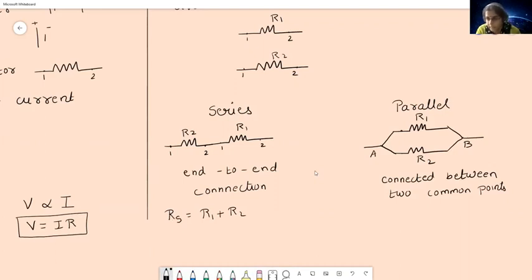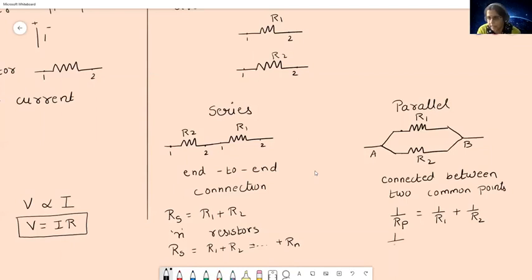But whereas in parallel, the total resistance is given by 1 by Rp equal to 1 by R1 plus 1 by R2. So P stands for parallel, and S stands for series. If I have n number of resistors, then the total resistance in series is R1 plus R2, and the addition goes on till Rn.